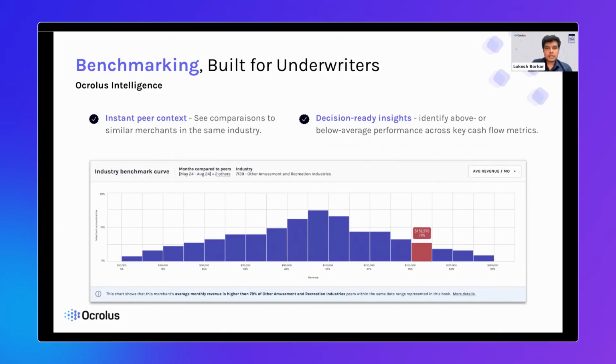This peer context is instantaneous, and underwriters can see how a business compares to similar merchants in the same industry using real anonymized SMB data. Because the insights are percentile based, it's immediately clear whether revenue, expenses, lending activities are above or below industry norms. And most importantly, it's seamlessly integrated into our dashboard so that it becomes part of the standard underwriting workflow and is not a separate research step.